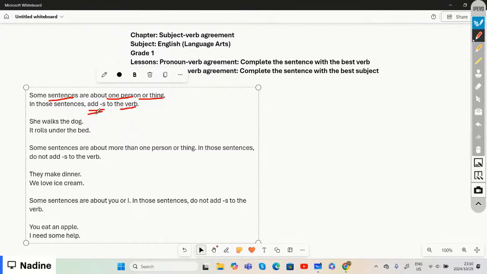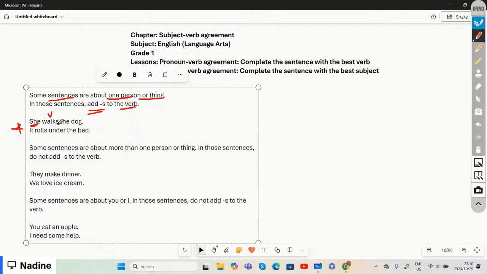For example, this refers to either one person doing something or one thing doing something. She refers to one person. She walks the dog.